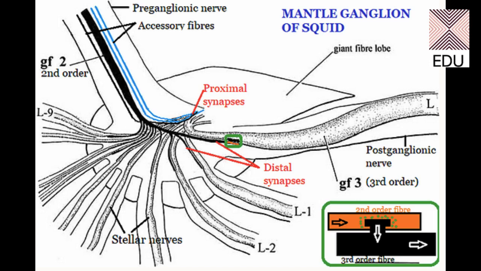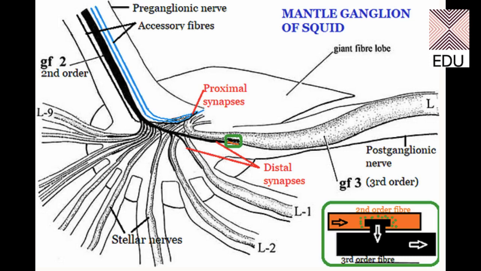Now students, if we go to the right side of the diagram, here you have the post-ganglionic nerve. This is the nerve which is coming out of the mantle ganglion, and it is going towards the hind end of the squid, as we have previously seen in diagram 1. Inside this post-ganglionic nerve you can see a GF3.